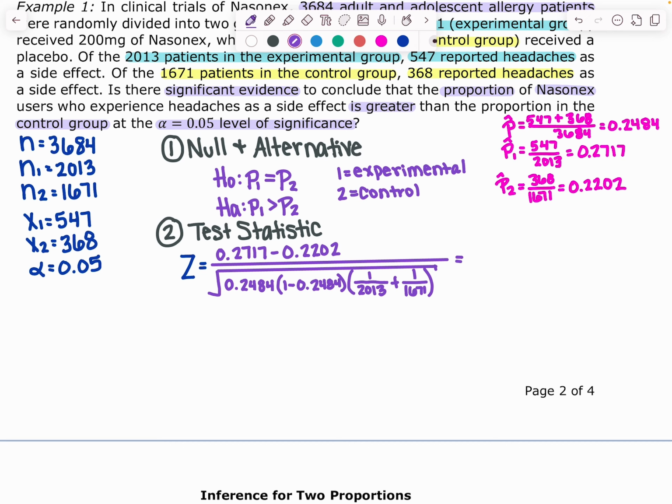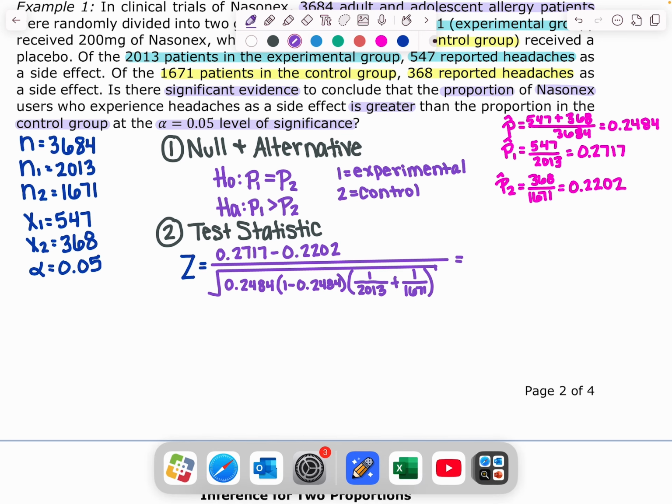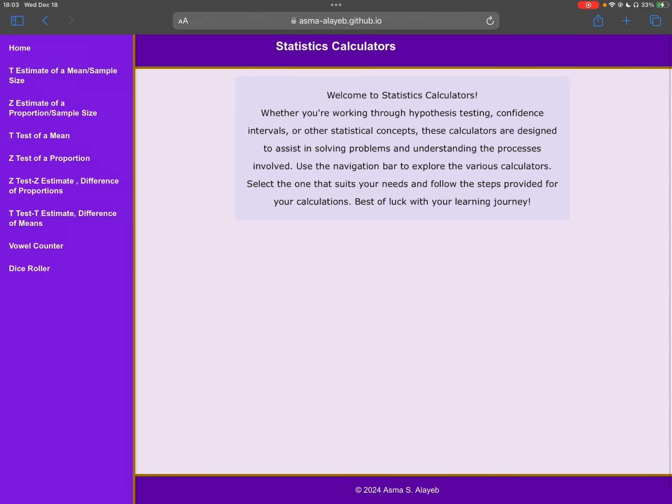So here's what I'm going to do. I'm going to pull up a website that you should have access to called Statistics Calculators. This was made by a wonderful professor who is just fabulous.